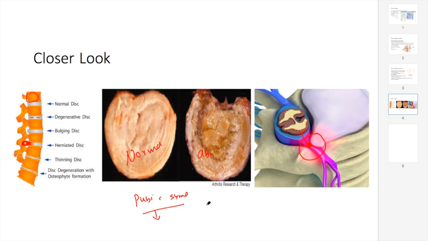So the take-home message is that the pubic symphysis is used in forensic anthropology to find out the age of a person, and it has a great role during parturition, the delivery of the baby.